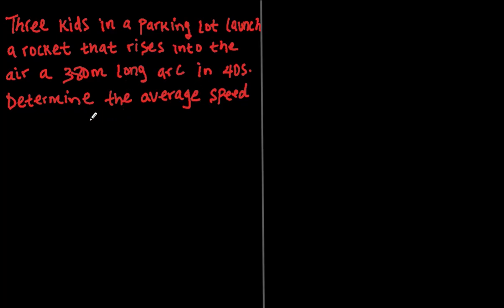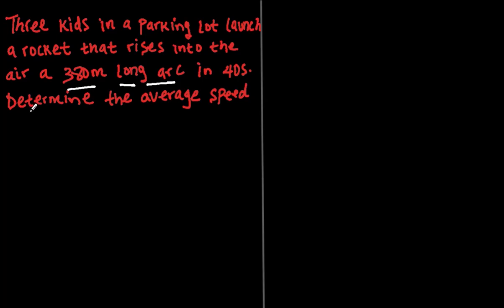Now, what you notice is that this question may not look like a linear equation problem or linear motion problem. Why? Because it says it makes a 380-meter long arc. An arc is not linear. What do you call an arc? An arc is just like a part of the circumference of a circle.